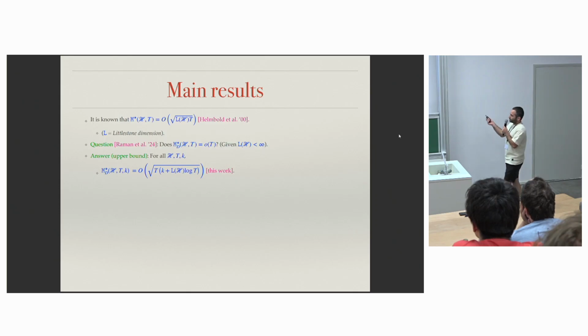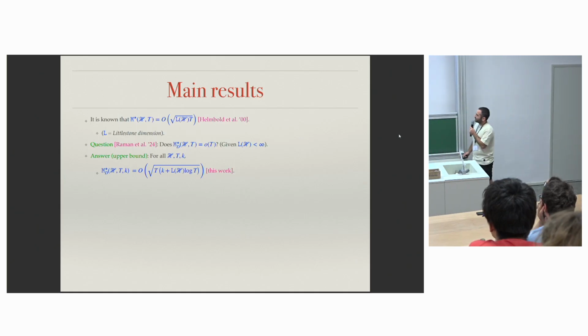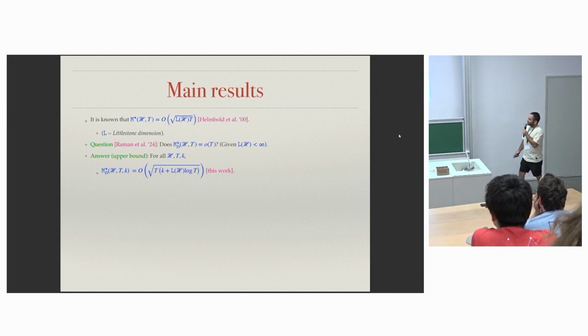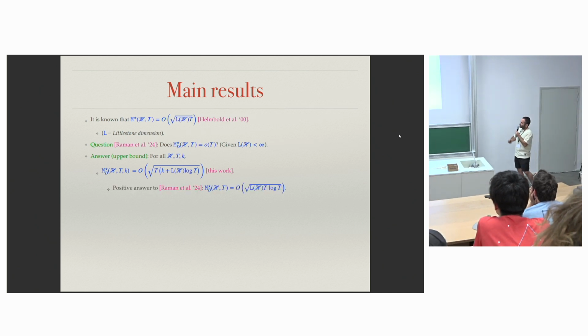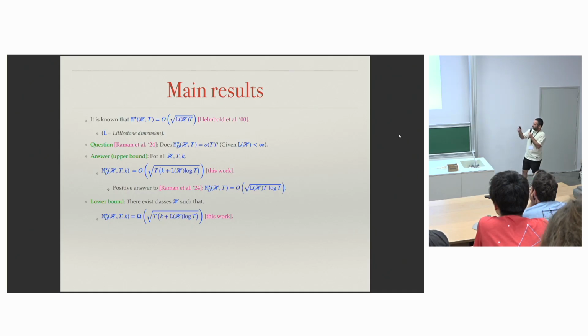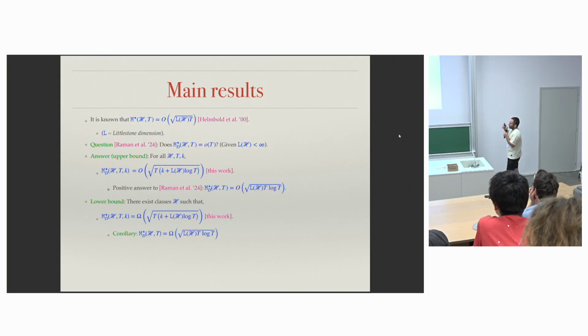So we show the following more general positive result: the deterministic mistake bound is at most order of square root of T times K plus Littlestone dimension log T. Of course, this gives as a special case a positive answer for the realizable case. We also give a lower bound showing that this upper bound is exactly tight up to constant factors for some classes. Of course, this also gives as a special case a lower bound for the realizable case.